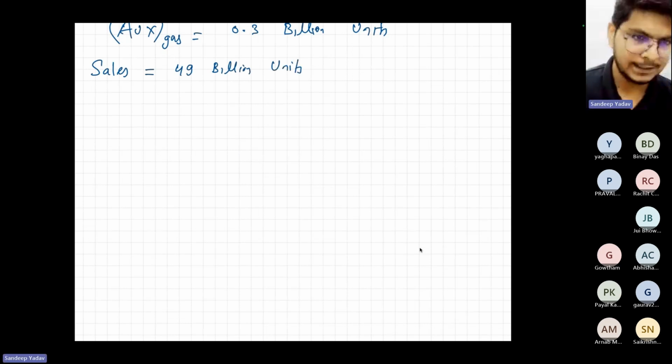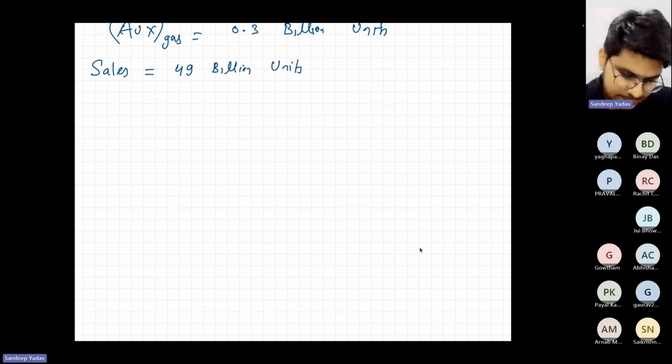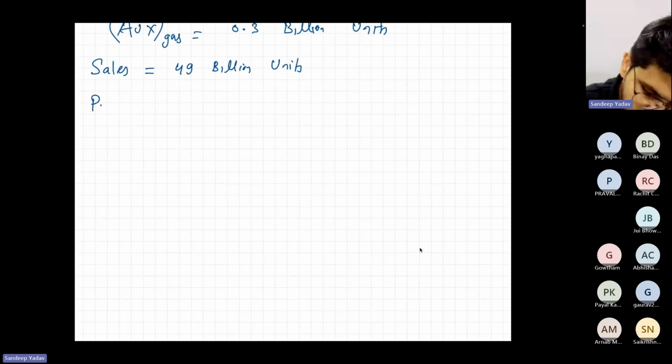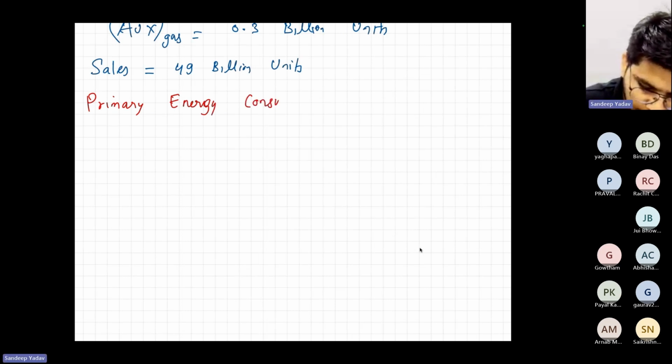So these are the given parts of the question. So we will see, if we solve here, what will be the primary energy consumption, that will be for the part 1.